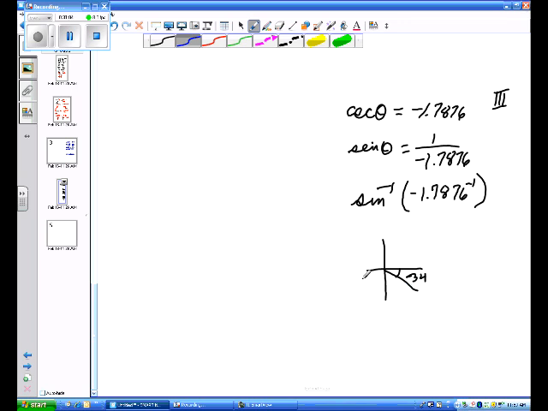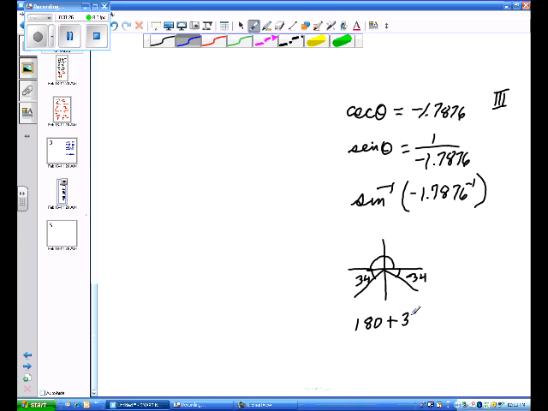But we want it over here in the third quadrant. That means that 34 degrees, not negative 34, but 34 degrees is our reference angle. Reference angles are always positive acute angles. So we are going to rotate 180 degrees plus 34 more.